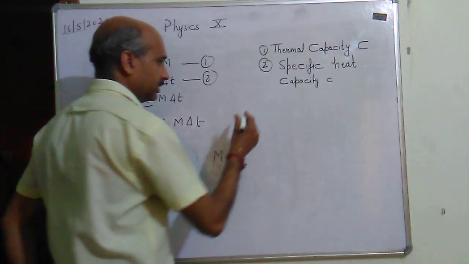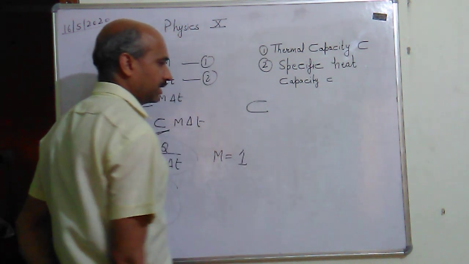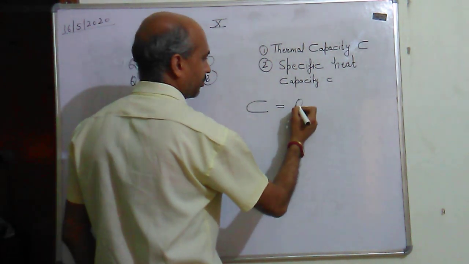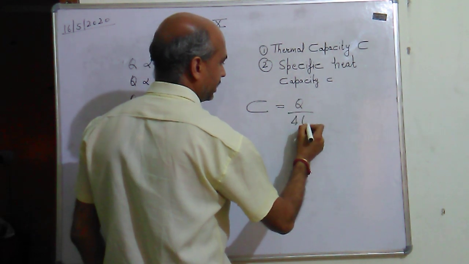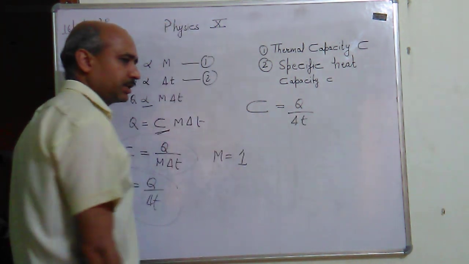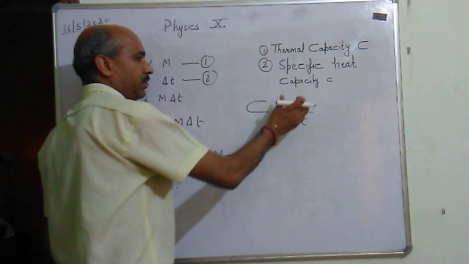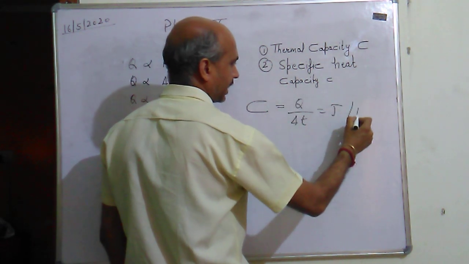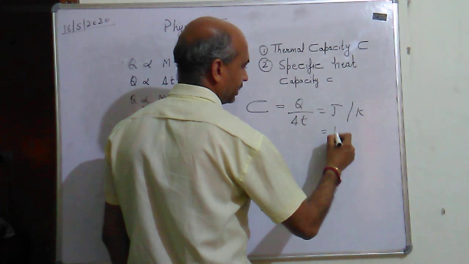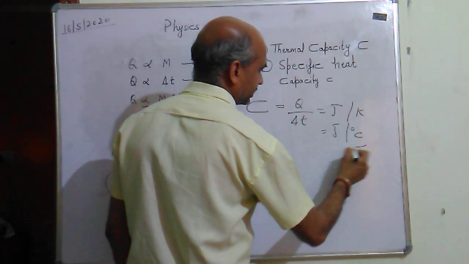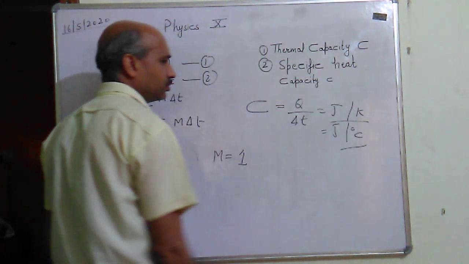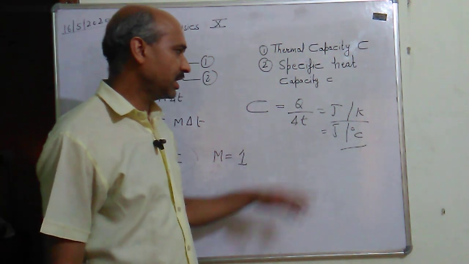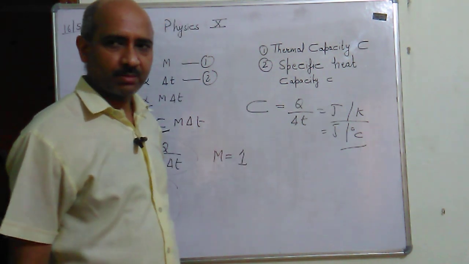Thermal capacity is denoted by capital C, and capital C equals Q upon del T. If you talk about the unit, the unit of heat will be joule, and the temperature may be in Kelvin or in degree Celsius. So the unit is joules per Kelvin, or joules per degree Celsius. So these are the units of thermal capacity.